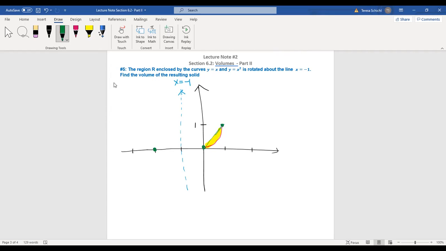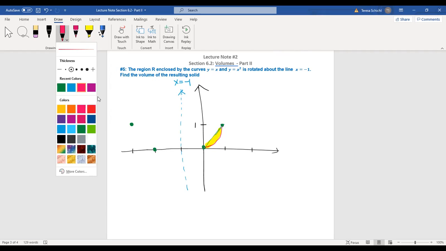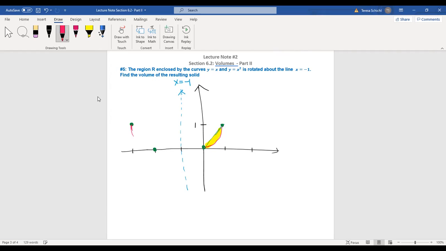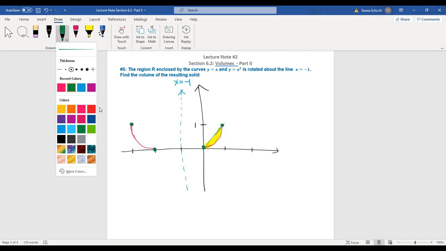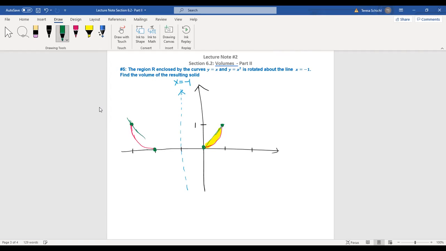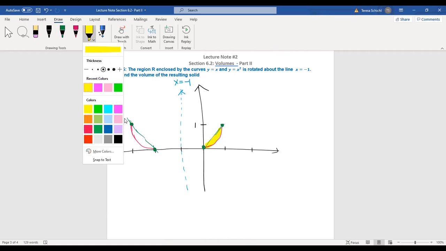This point is 2 units away from the new origin, so where is it rotating to? It's rotating to here, right? And then this little curve goes down here. So this is my new line.